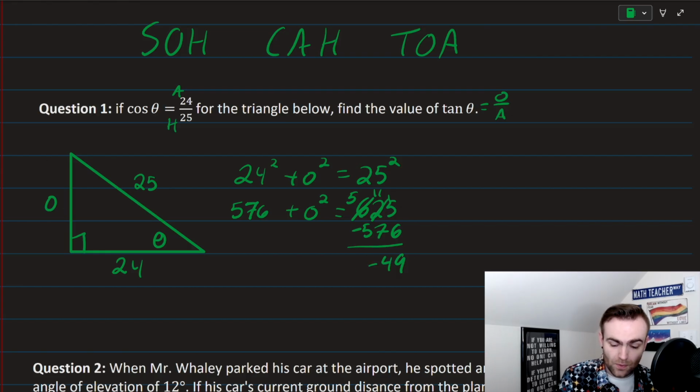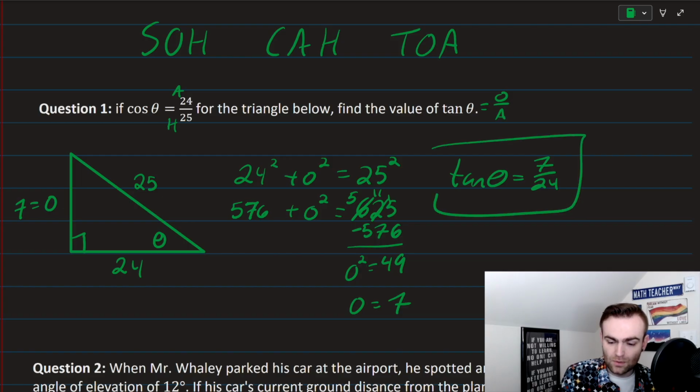And that leaves us 49 is equal to O squared, which means that our opposite is 7, because 7 squared is 49. So this is 7. If tangent is opposite over adjacent, it means that tangent is equal to 7 over 24. So tangent theta is equal to 7/24, and that would be our answer.